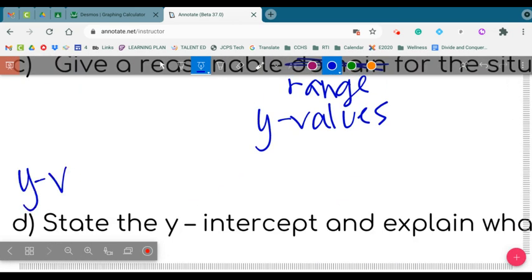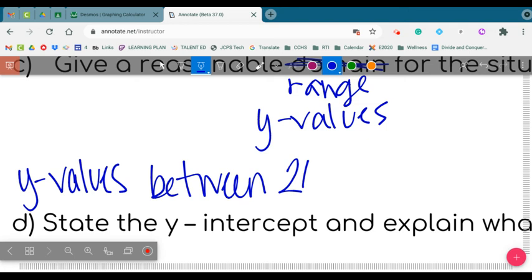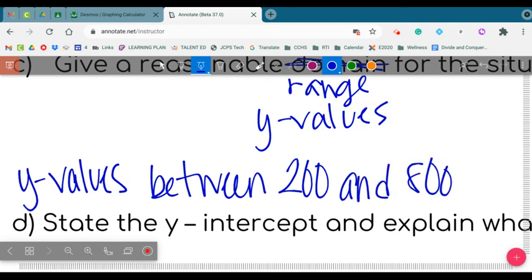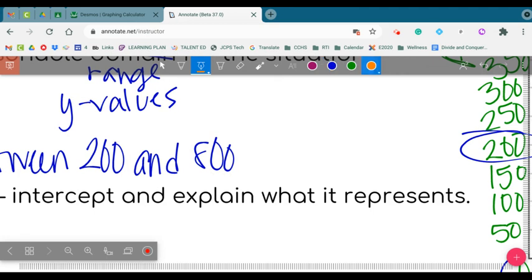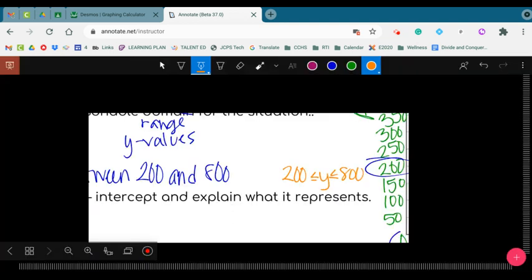So your y values are between 200 and 800. Another way you can write this is 200 is less than or equal to y, which is less than or equal to 800. As long as you're telling me my y values are between those two numbers, I'm okay with it.